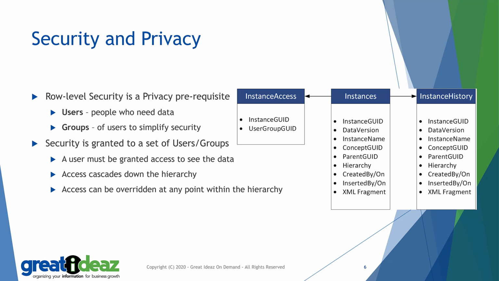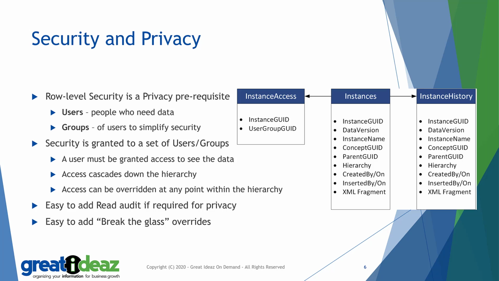Because we are focusing all access to these tables through a simple set of stored procedures, it's easy to add read audit capability if we require it for privacy. And some applications will also require a break the glass override. So for example, a clinical or hospital application may restrict patient information to certain doctors within a circle of care.